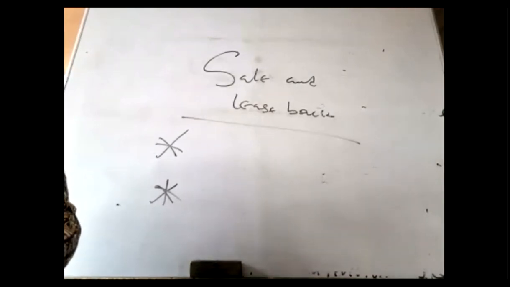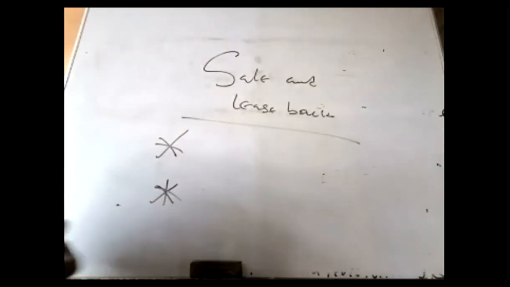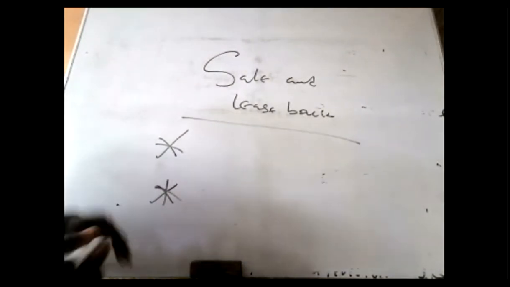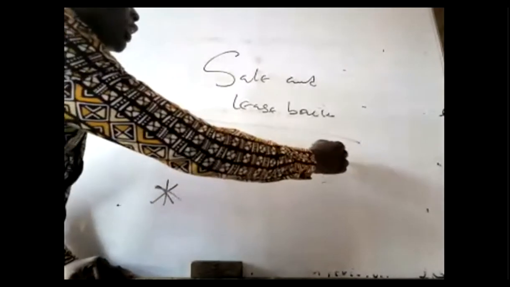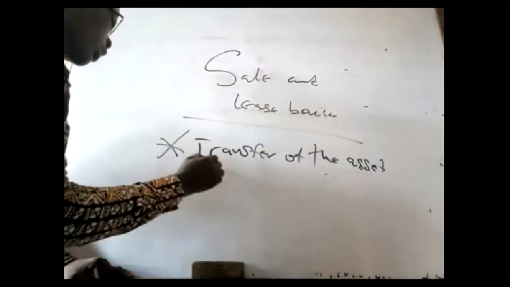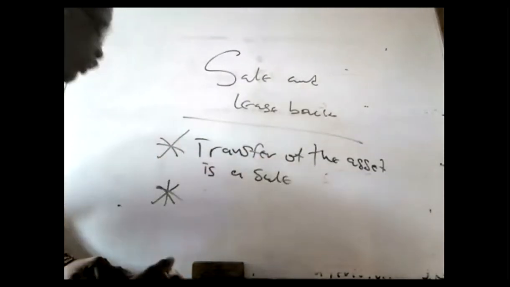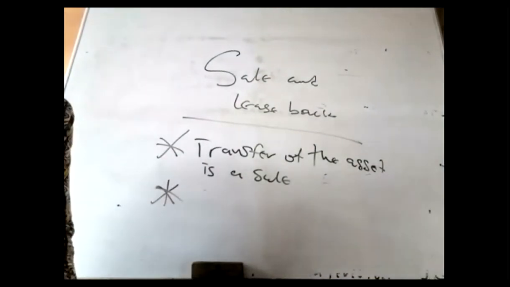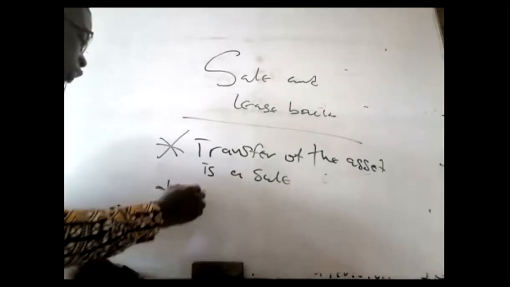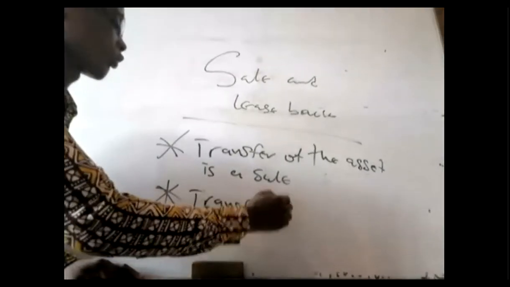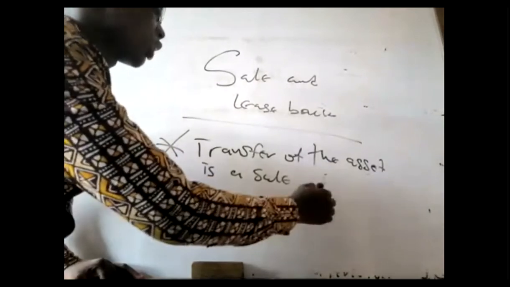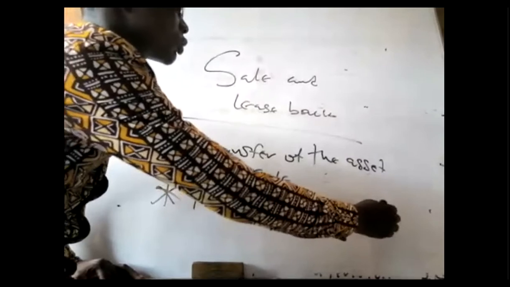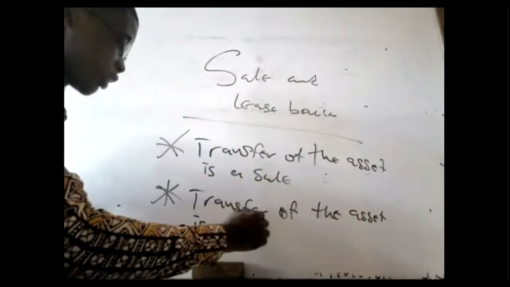So basically, there are two types: where the transfer of the asset constitutes a sale under IFRS 15 revenue, and where the transfer of the asset is not a sale.